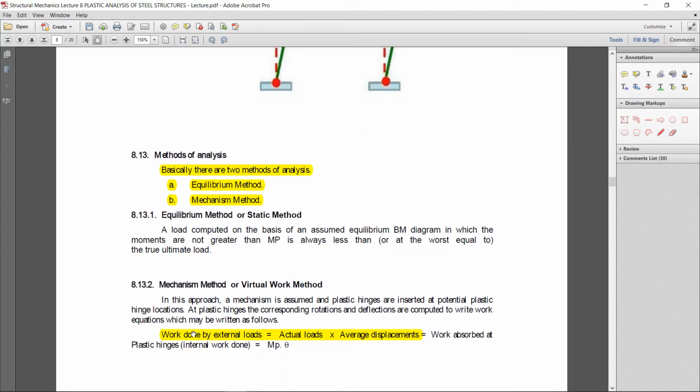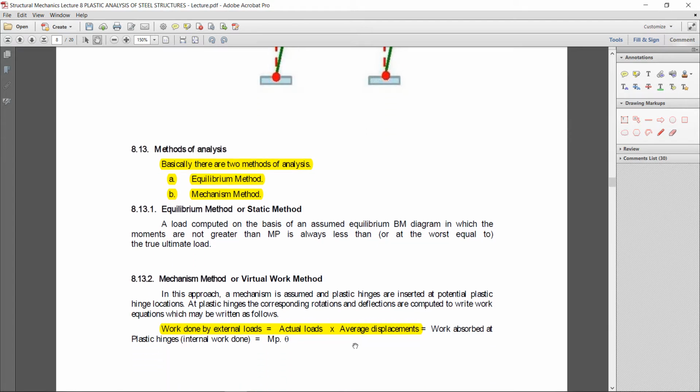In the method of virtual work, the external work done is equal to the internal work done. The external work is done by the externally applied loads, against which actual deformation will occur. And the plastic hinges form internally. So the work absorbed at plastic hinges is Mp times theta, plastic moment times rotation.